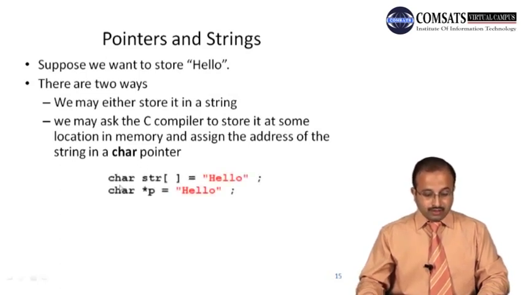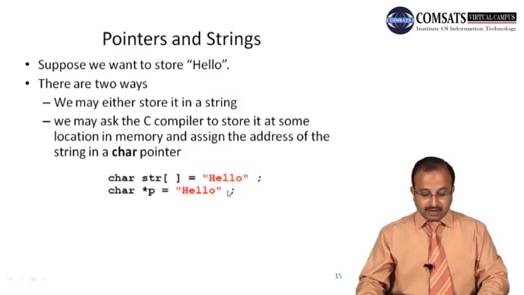So this is the first one. You have a string and you are initializing it with this hello string constant. ठीक है, so आप इस string constant से इस string को initialize करें str को. The other mechanism is you have a character pointer. Now in the second statement, the C compiler allocates memory for this string constant, that is hello.